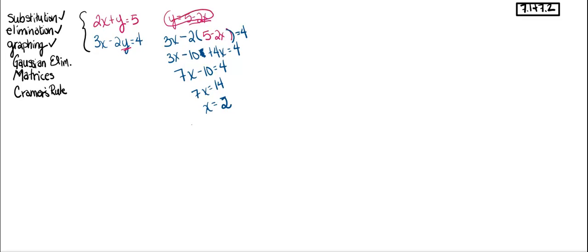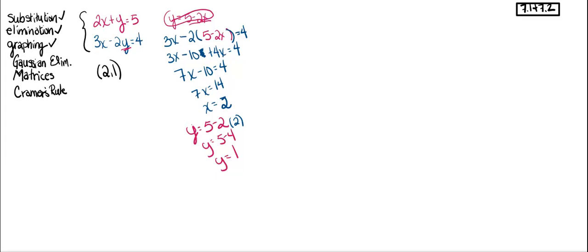So y equals 5 minus 2 times 2. So therefore, y equals 5 minus 4, so y equals 1. So the solution set for this system of equations is (2, 1).